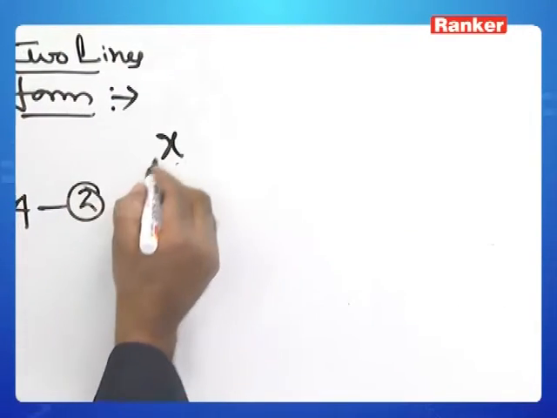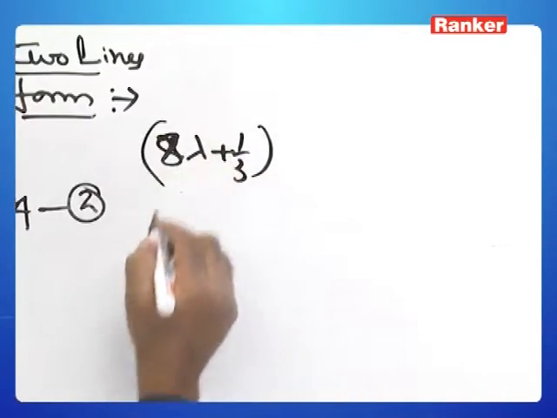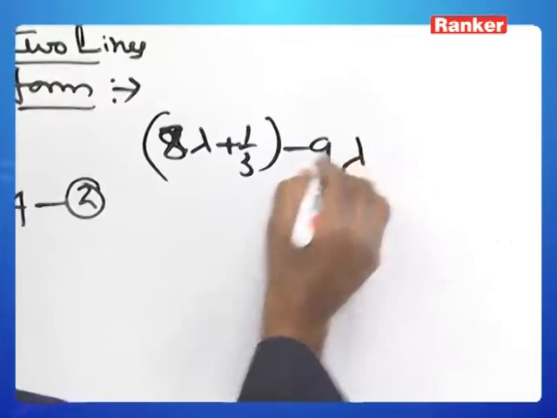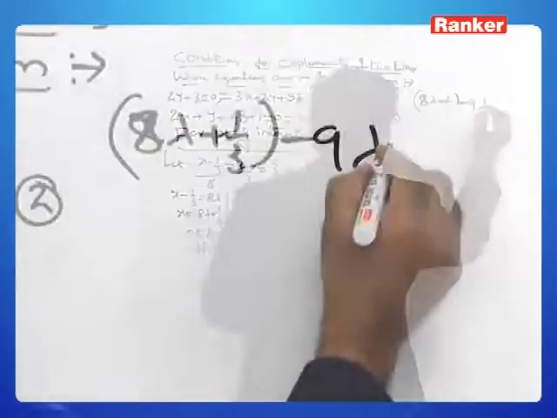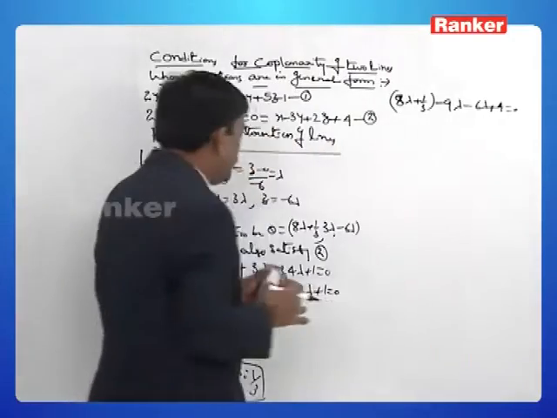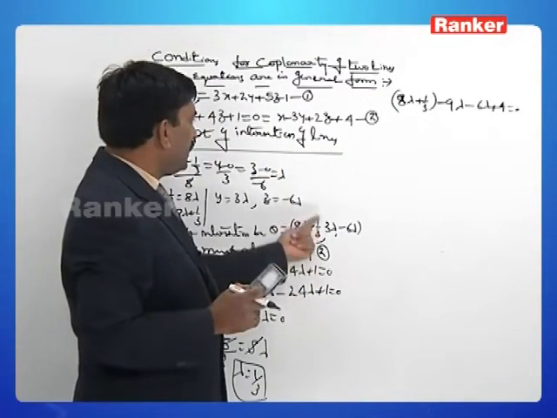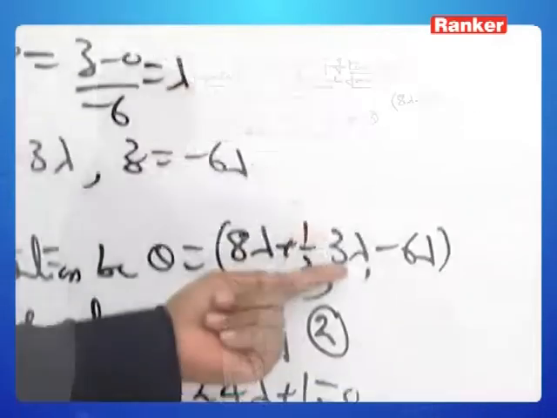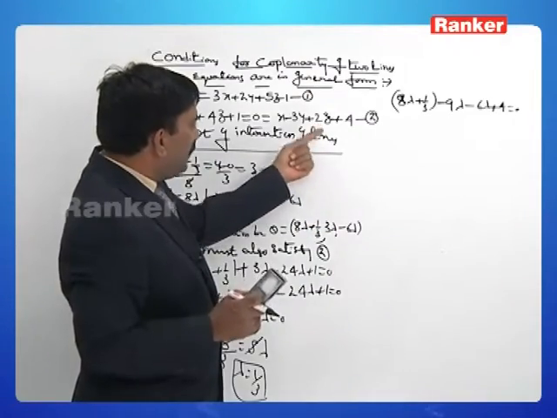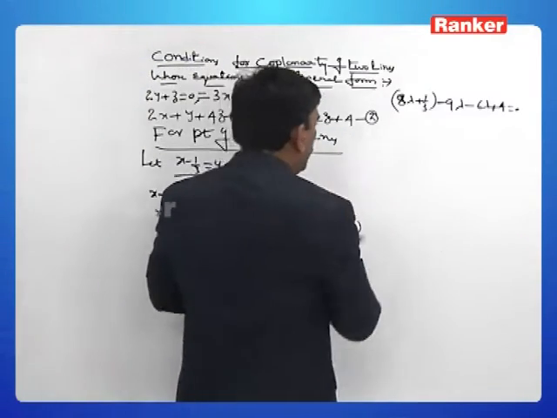That is (8 lambda plus 1/3), next minus 3 into 3 lambda, minus 9 lambda, next minus 6 lambda into 2. Here a little change is there.